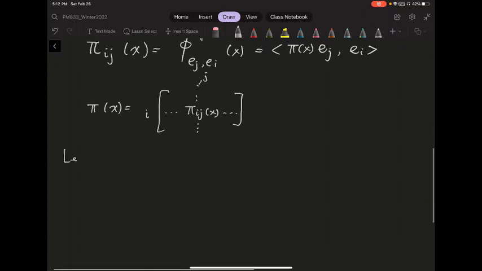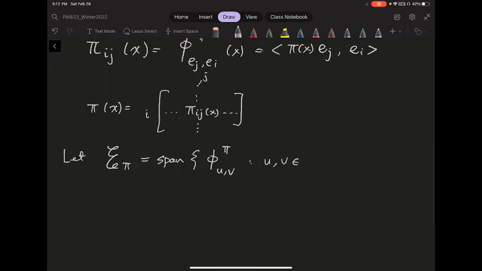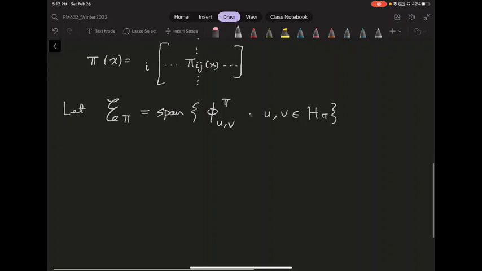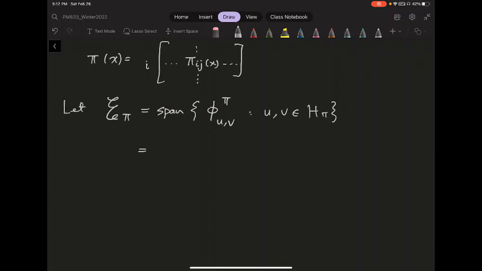So let E pi be the span of all these matrix coefficients, the span of phi uv, where u and v are inside H pi. Because of linearity of the inner product, each of these matrix coefficients is a linear combination of these pi ij. So once you fix a basis, this is also the span of these pi ij, for 1 less than or equal to i, j less than or equal to d pi.